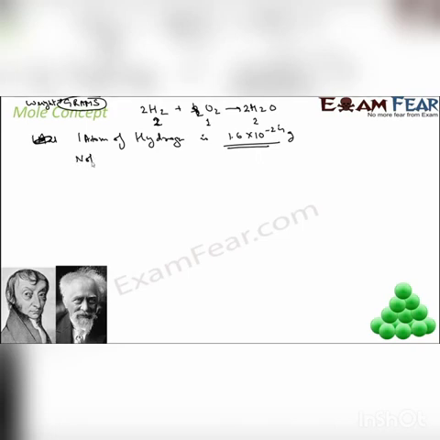so the number of hydrogen atoms in 1 gram of hydrogen will be how many? 1 by 1.6 into 10 to the power minus 24, and that is 1 gram by this gram, gram cancel.